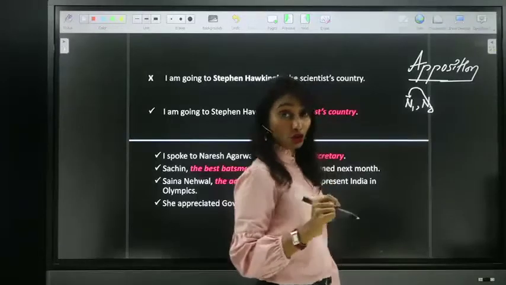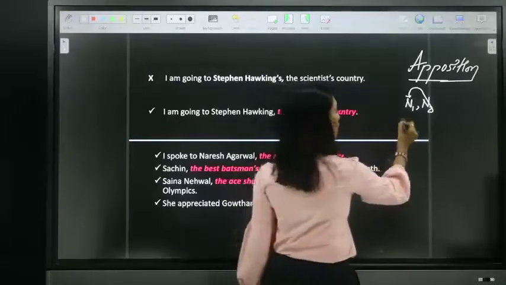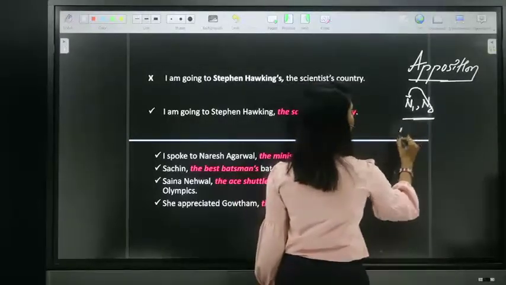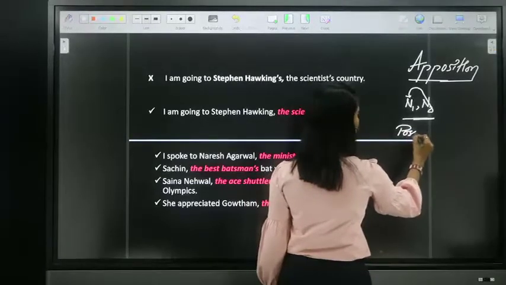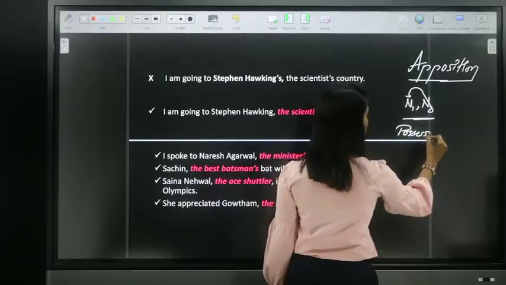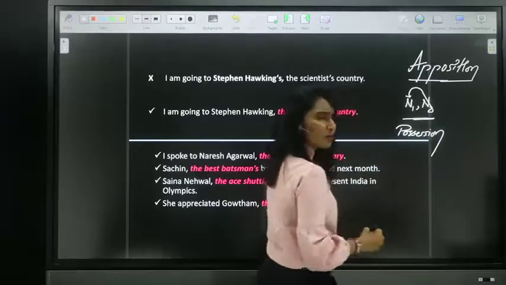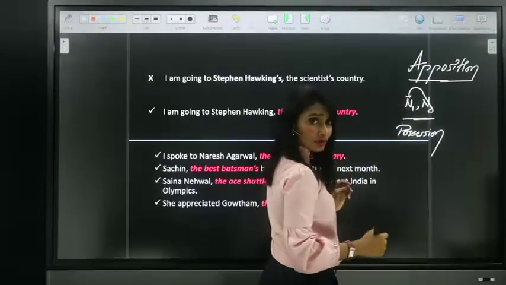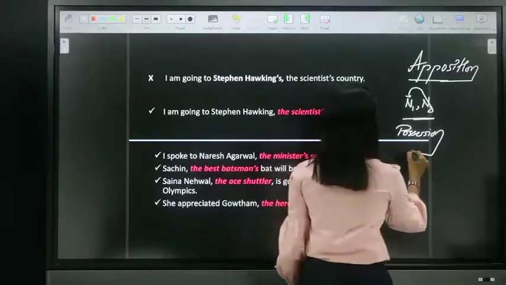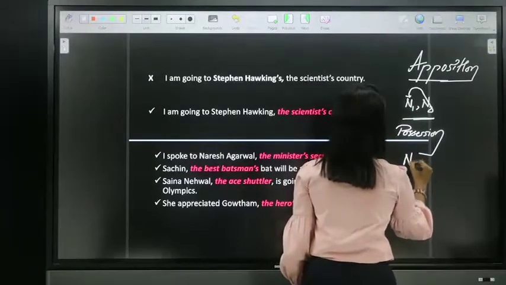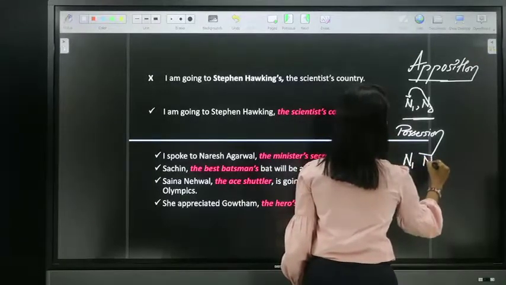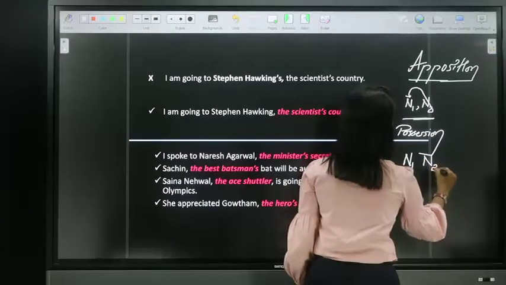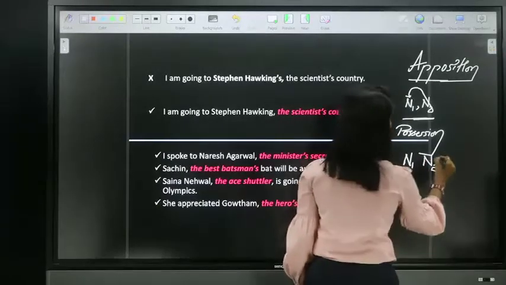And I also told you when the two nouns are in apposition and if you wanted to give possession, the ownership, to which noun do we give possession? First noun or second noun or both nouns? As per the rule, we have to give possession for the second noun, right?